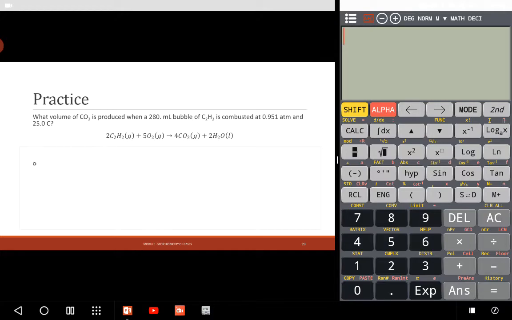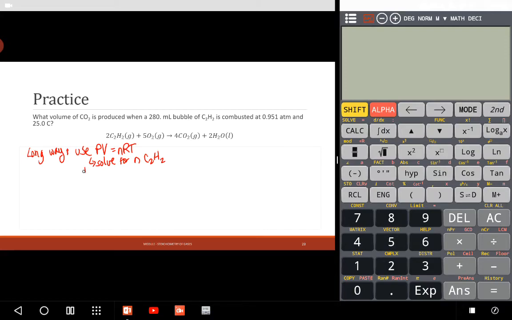Okay, so let's go. All right, there's a long way and a short way. The long way would be to use PV is equal to nRT in order to solve for n of the C2H2 gas.